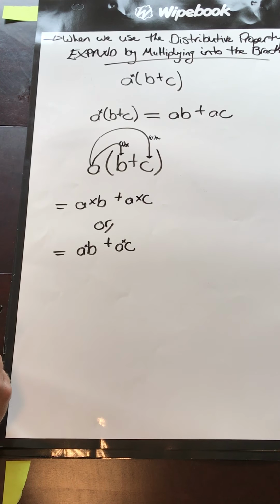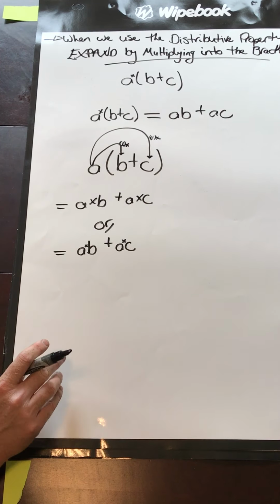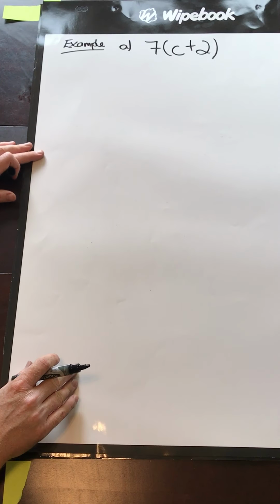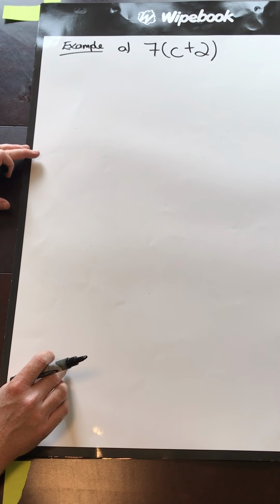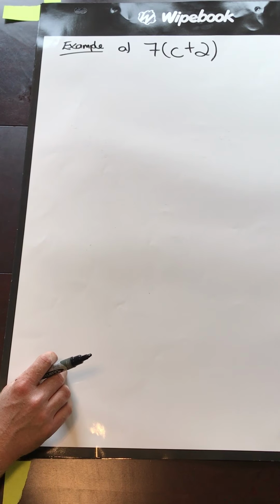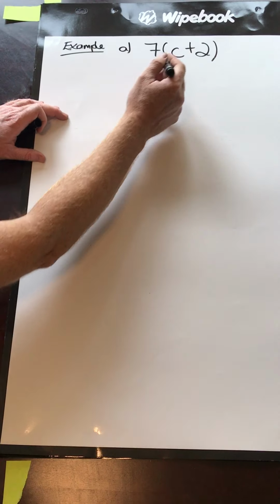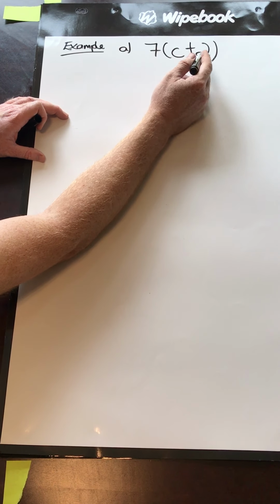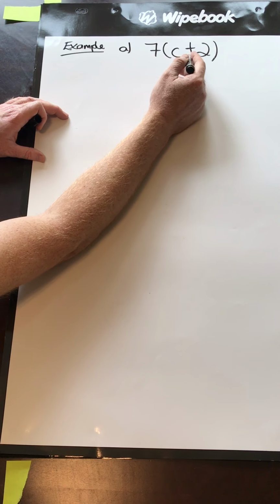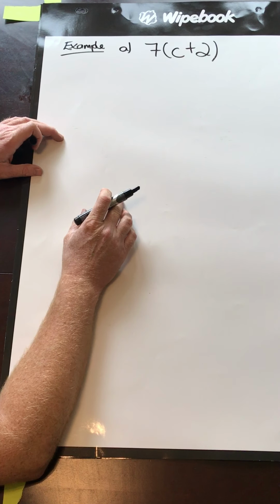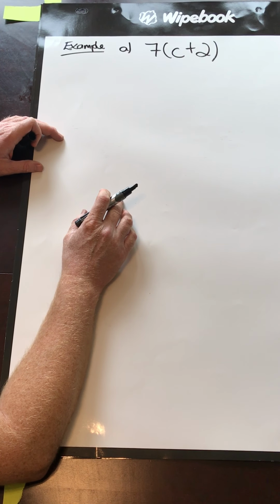Okay, we've used a lot of letters here. Let's use some numbers with some examples. Our first example is 7 times bracket C plus 2. So the first thing I do is I look into the bracket, but I cannot add in the bracket using my BEDMAS rules because I do not have like terms. I have a variable and I have a number, and I cannot add a variable and a number together.